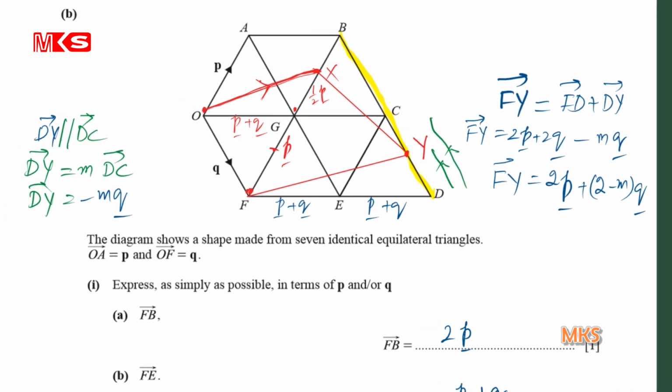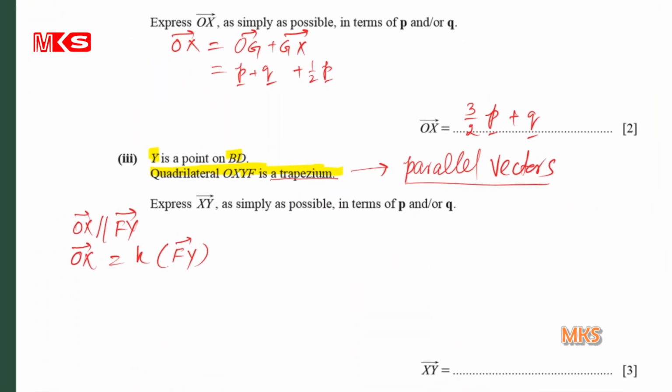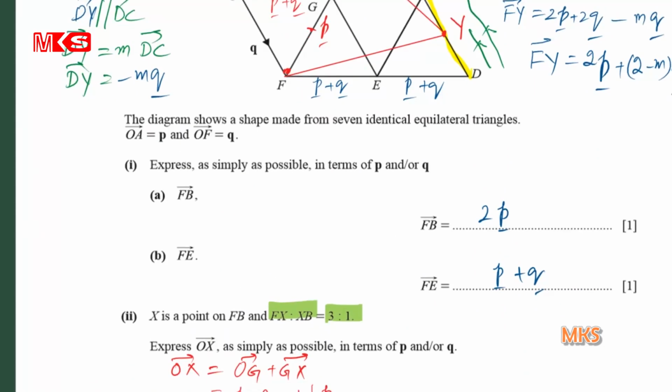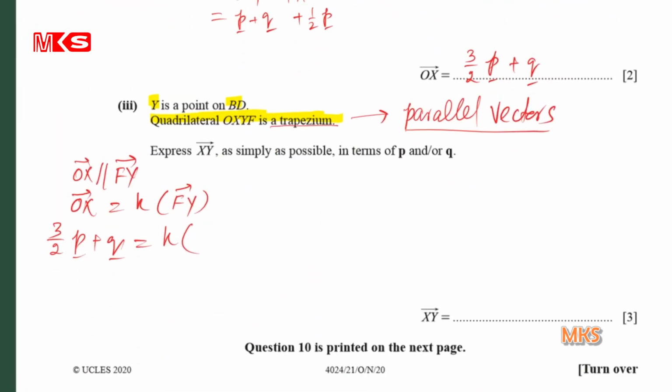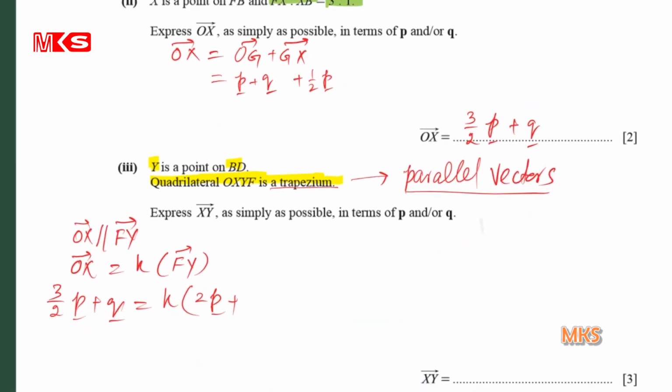So Fy is equal to 2p plus 2 minus mq. Ox we have 3 over 2 p plus q. That is k times Fy, and Fy we have just calculated, 2p plus 2 minus mq.